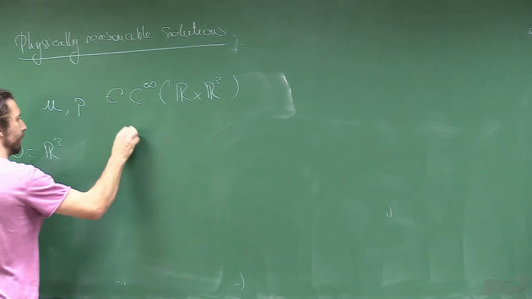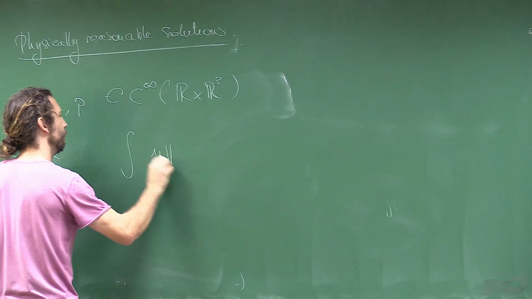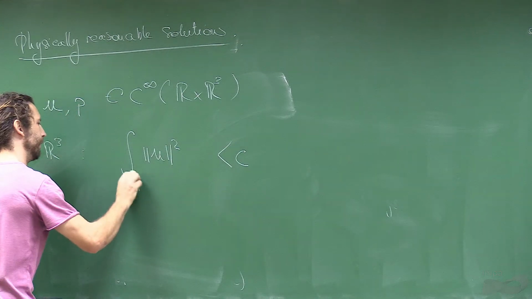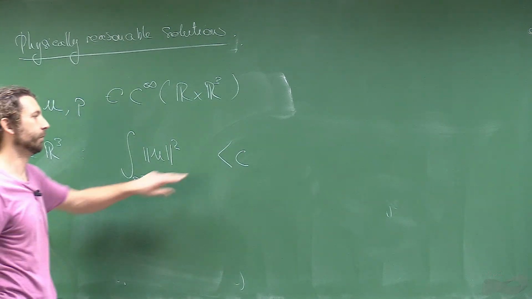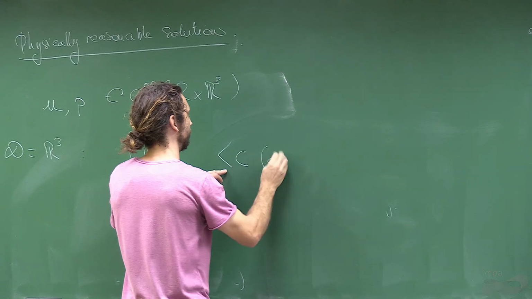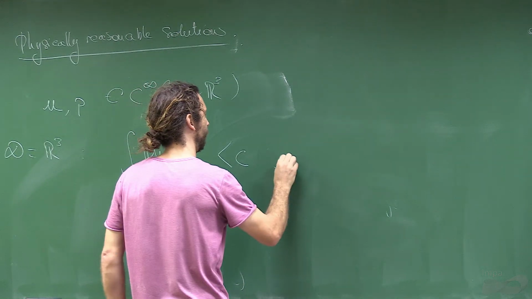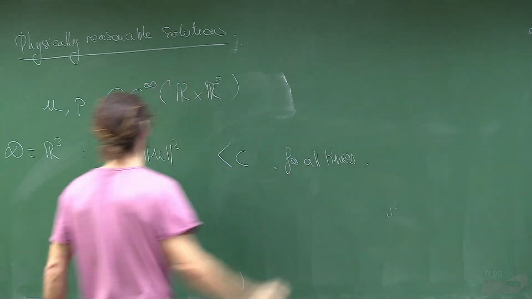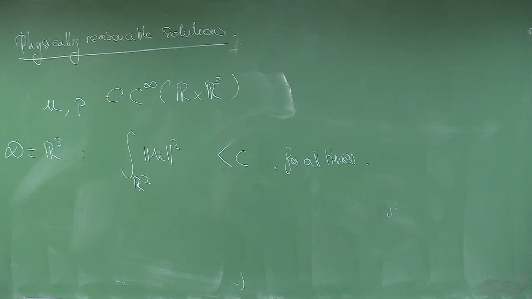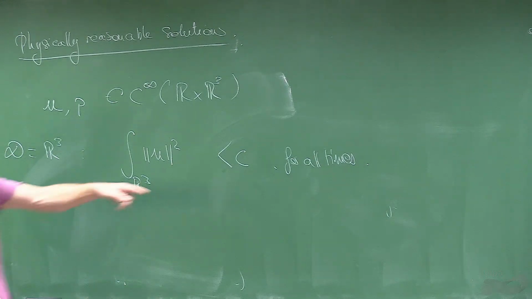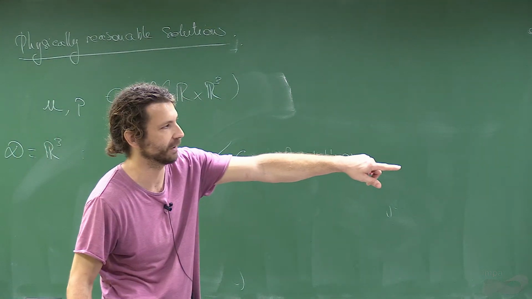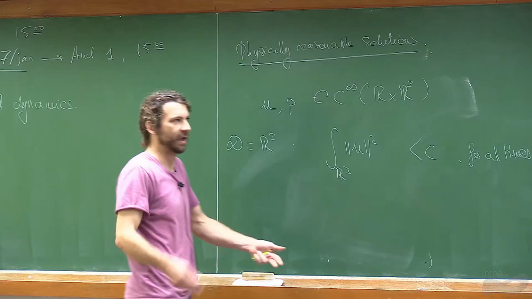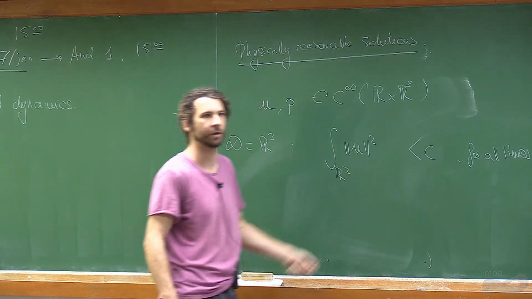We require that the integral of U squared on R3 is bounded for all times. And of course, we can ask the same thing for the periodic domain. That's crucial because then we don't have to handle boundaries.